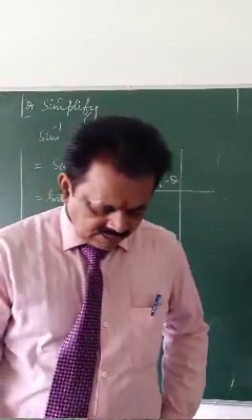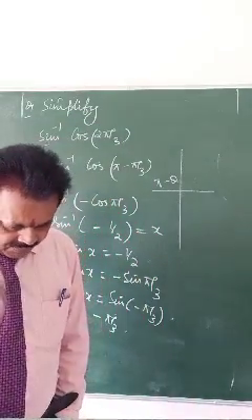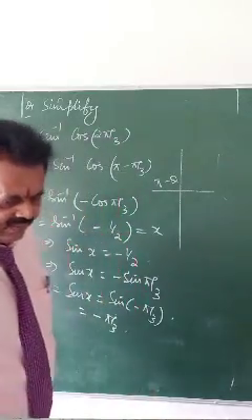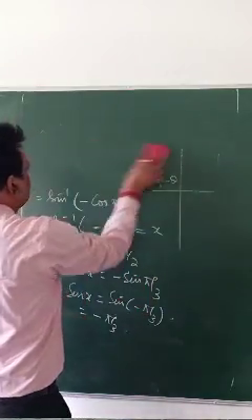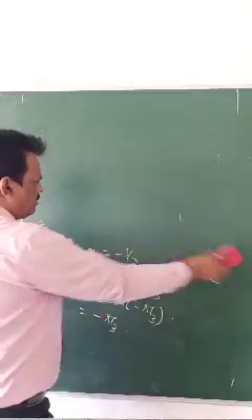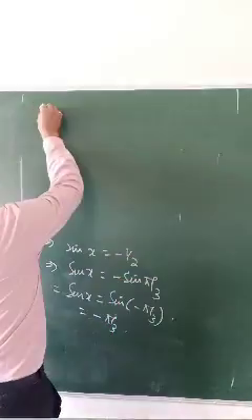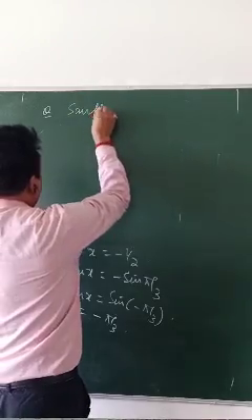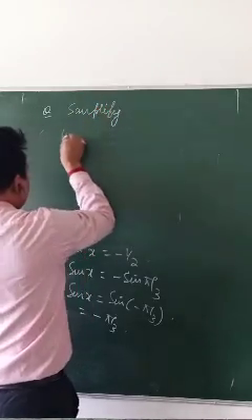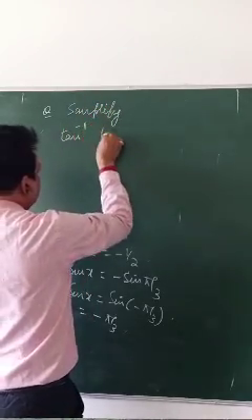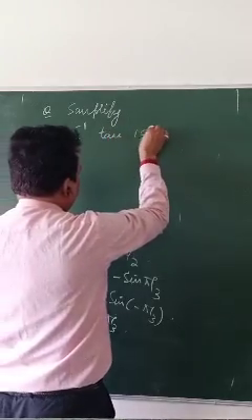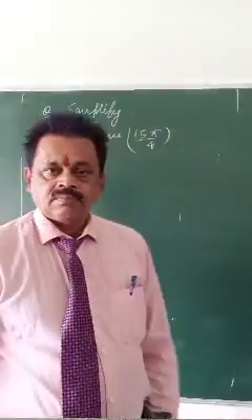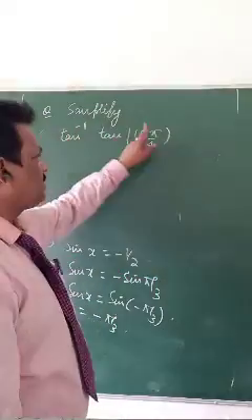Okay, let's take another question. Suppose I have a question, tan inverse. This is also interesting for us. Simplify tan inverse tan 15 pi by 4. You know tan inverse tan theta is theta.